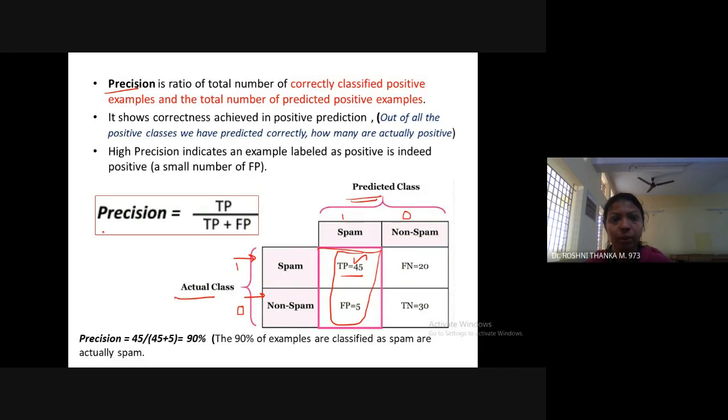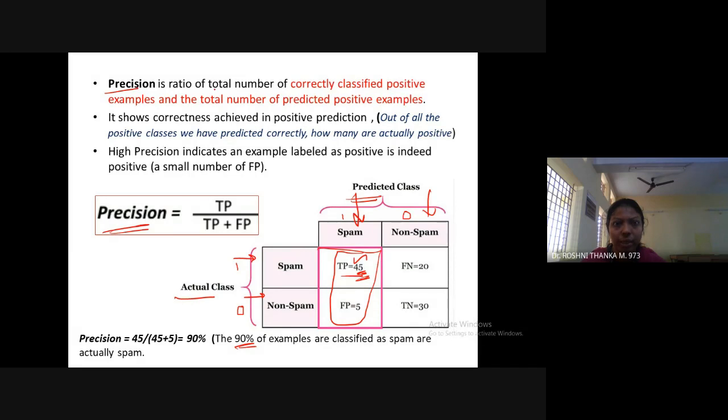So here 45 divided by 45 plus 5 is 90%, classified as spam and actually spam. This column specifies the predicted value, and out of the total predicted spam, 45 are correctly predicted. That is what precision is.